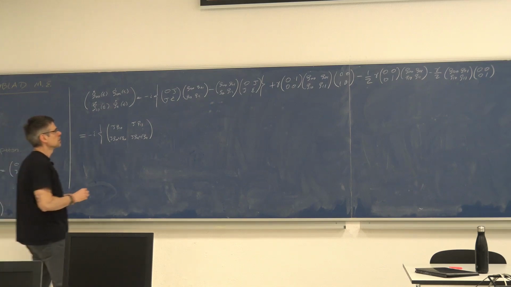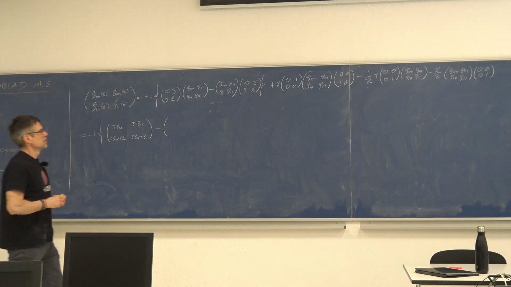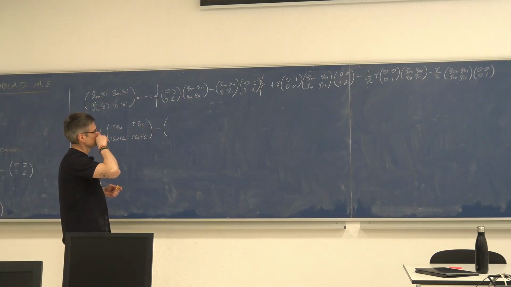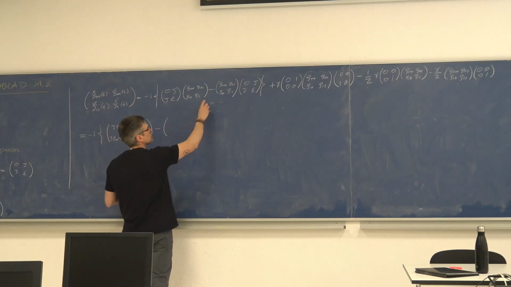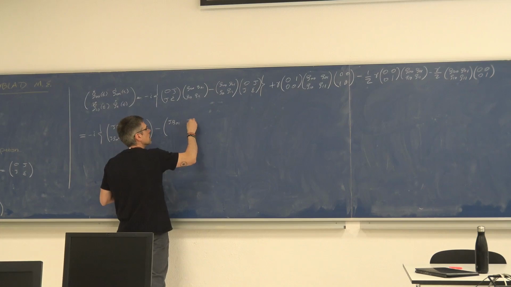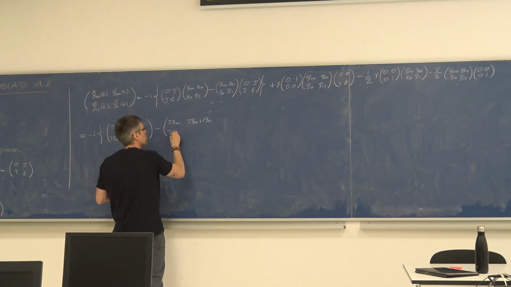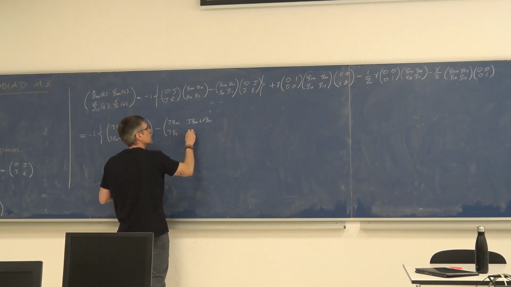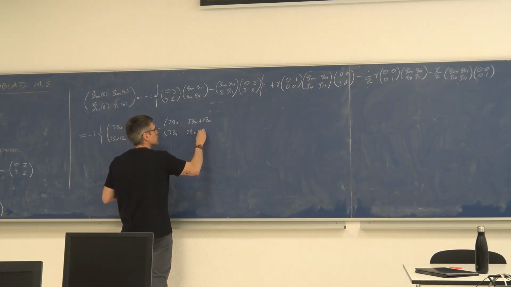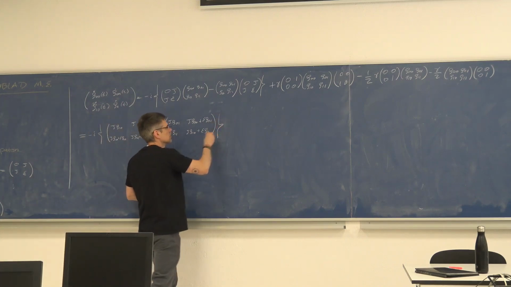Okay, if something is wrong, you scream and tell me. If it is wrong, it's your fault, not my fault. Okay. Second one, J rho 0 1. The other one, J rho 0 0 plus epsilon rho 0 1. J rho 1 1. J rho 1 0 plus epsilon rho 1 1. Okay.